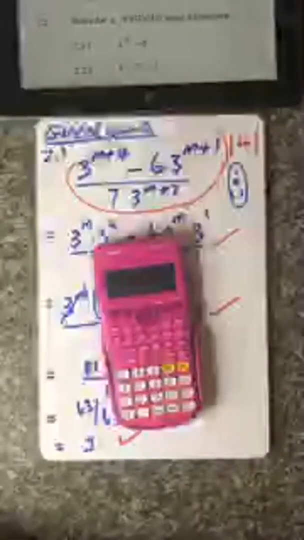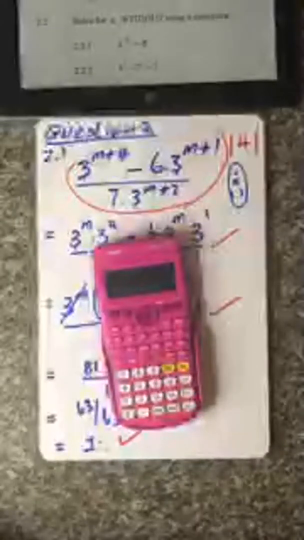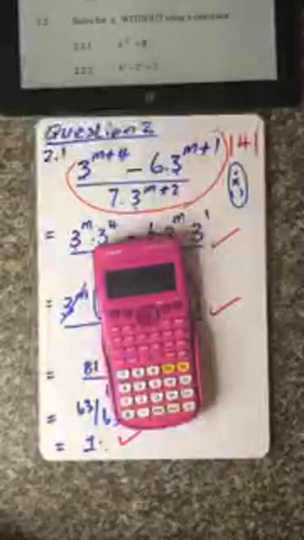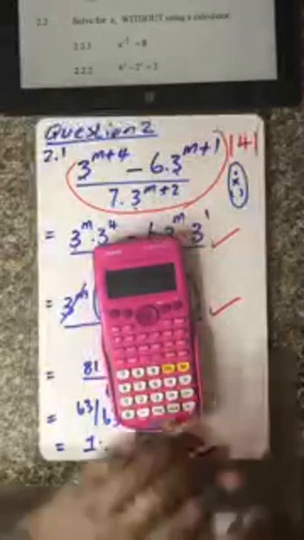Guys, before I even punch an equal sign, you can just quickly finish punching all of that. So in place of m, I was just substituting 1. So it's 1 there plus 4, 1 there plus 2, 1 there plus 3.